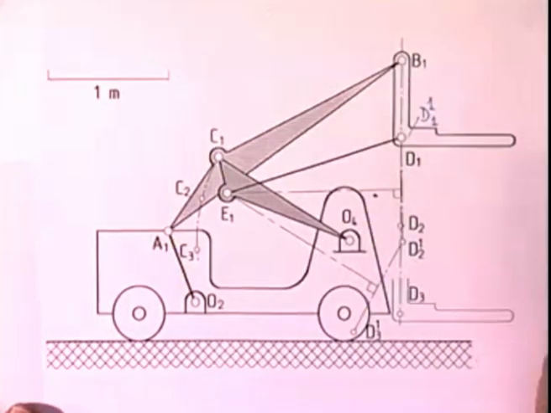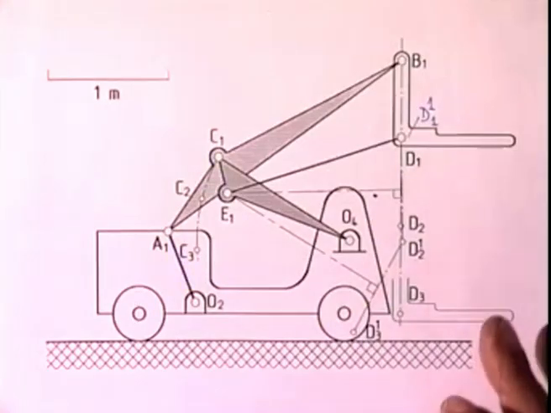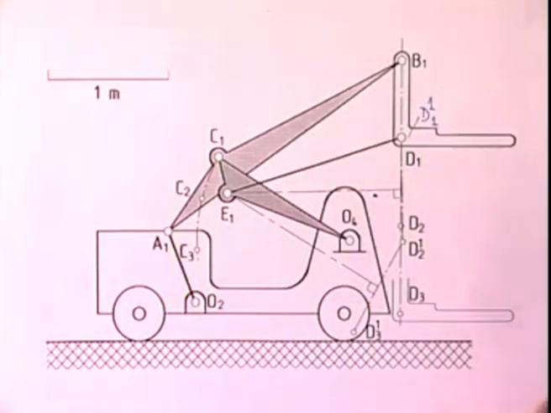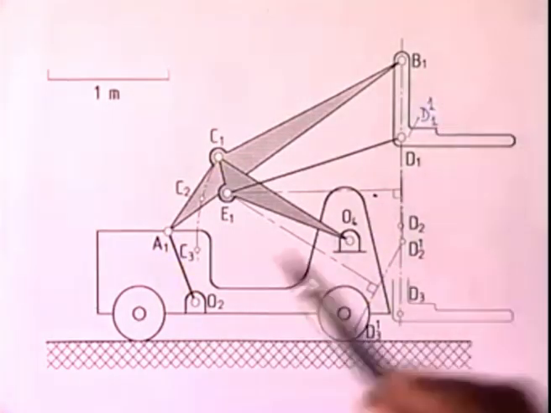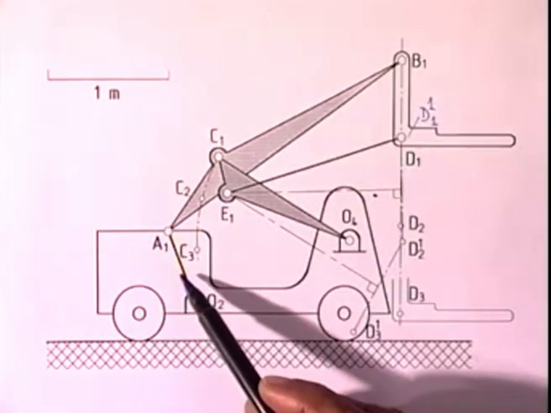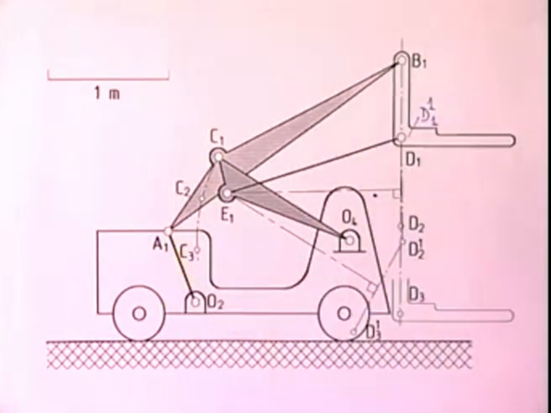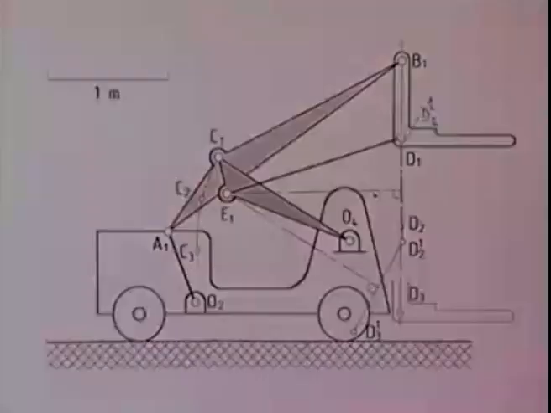But the deviation is not much, and it acts as a very good fork lifter, particularly if the load is not heavy, where the movement of the fork has been coordinated with the rotation of the crank, and the fork goes almost vertically, and we end up getting a fork lifter without any vertical guide.